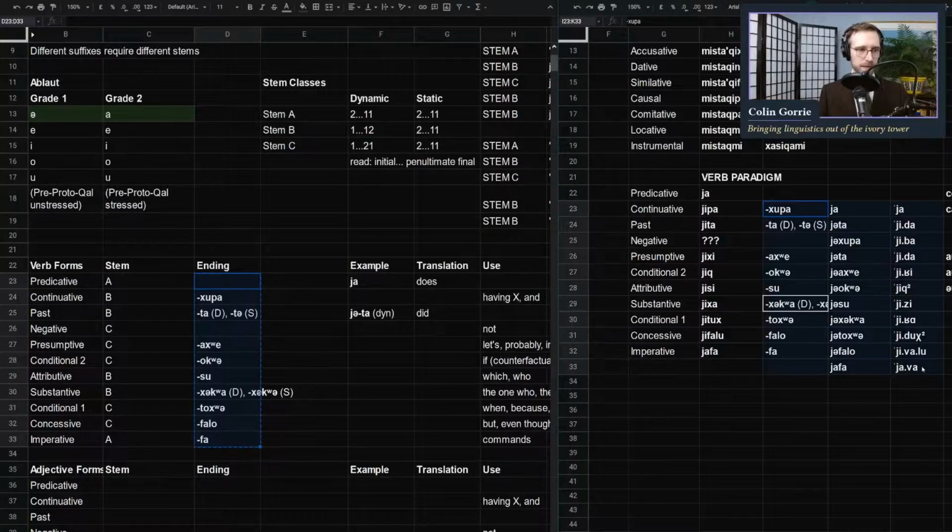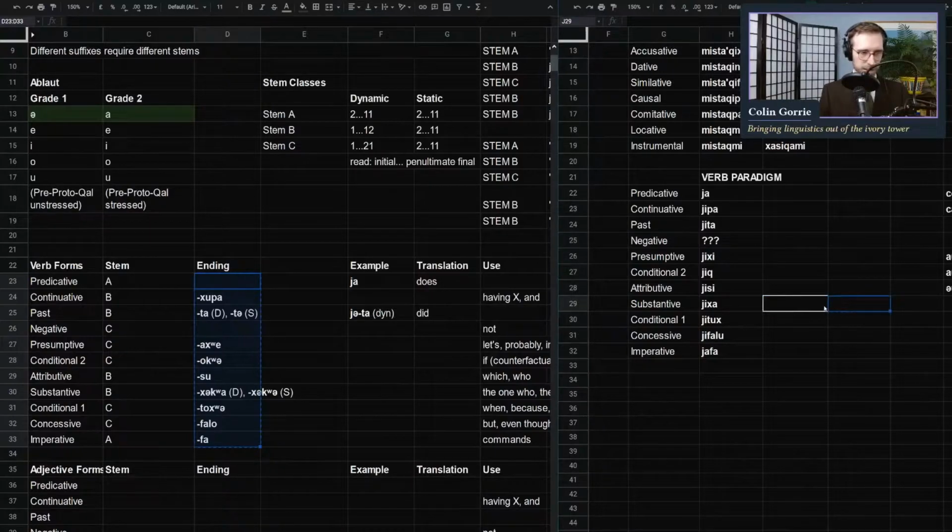Cool. Okay, so get rid of all of that. Take this over here. There we go. And so we have this interesting case. Not case in the sense of noun case, but this interesting situation where we have some forms of this verb ya, to do, where the stem shows up as ya, and then many other ones where the stem shows up as yi.